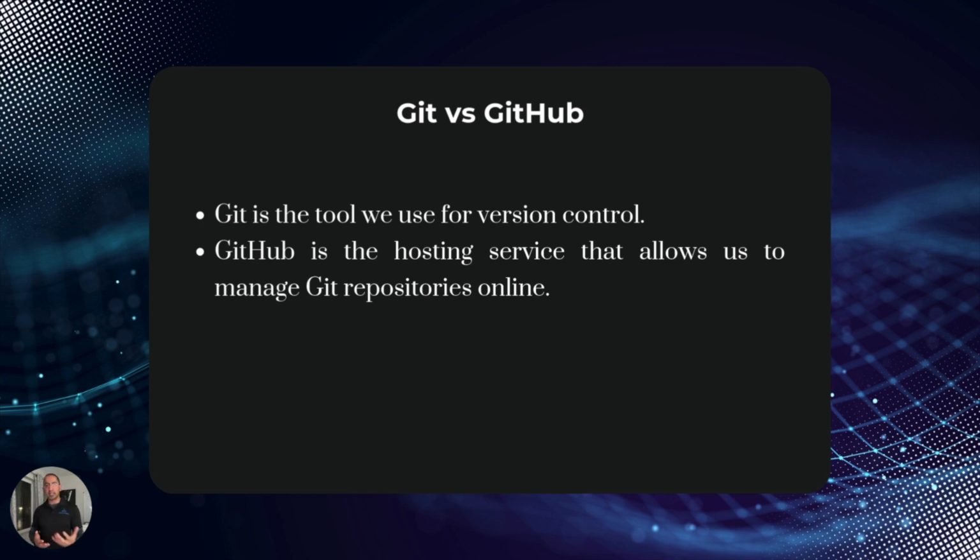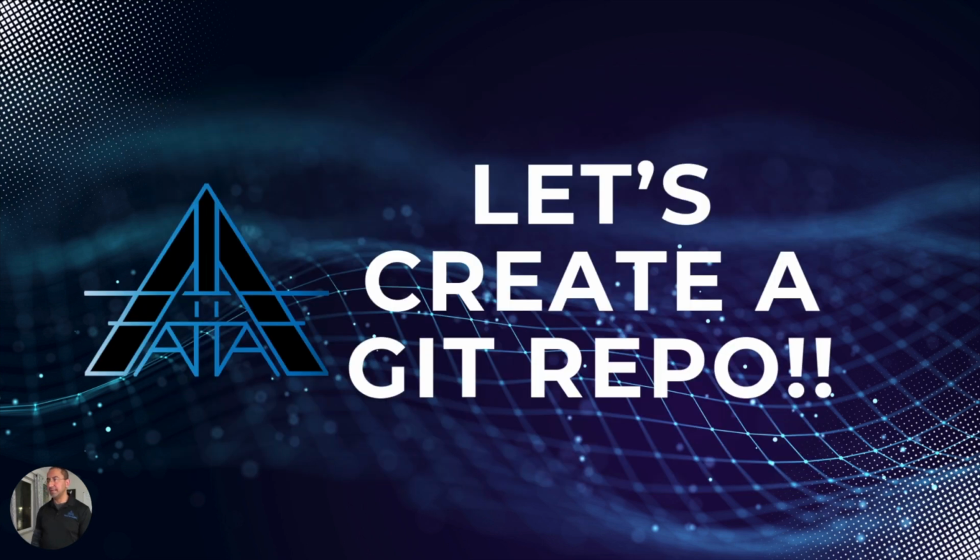So Git is the tool that we use for version control, and GitHub is the hosting service. It allows us to manage Git repositories online. Okay, now that we know what Git, what GitHub is, and what version control is, at least at a conceptual level, let's dive in and actually create a Git repository and push that repository into GitHub.